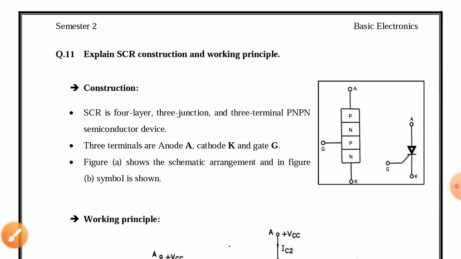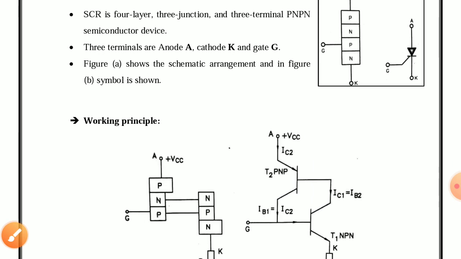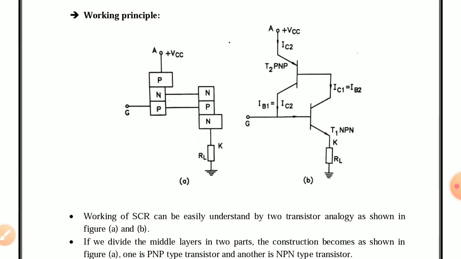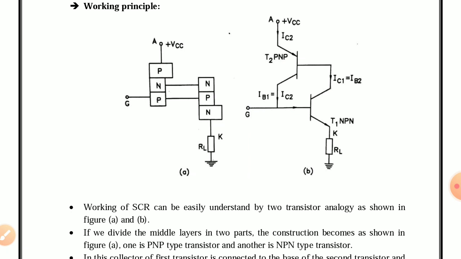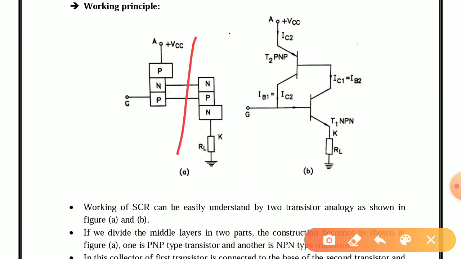Now we are going to understand the working principle. As you can see in the figure, the SCR construction is divided into 2 parts. If we divide the middle 2 layers into 2 parts, it forms 2 transistors, one PNP and another NPN. So the working of SCR can be easily understood by the 2 transistor analogy.